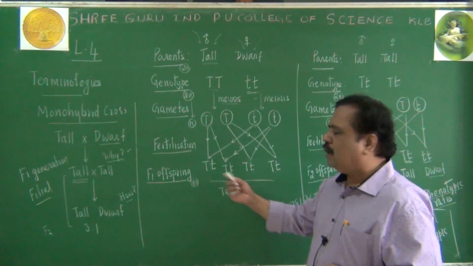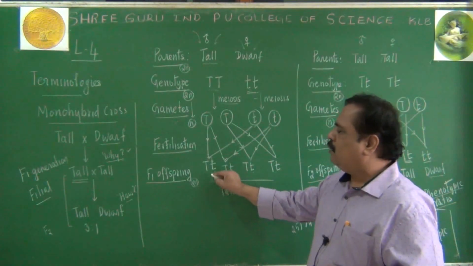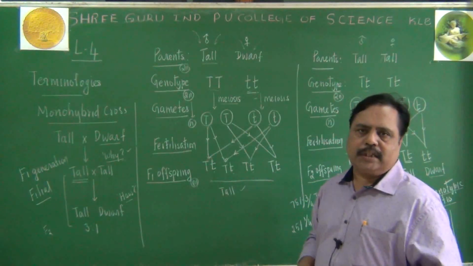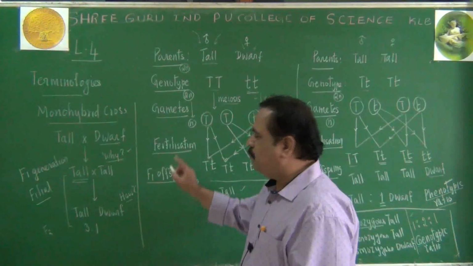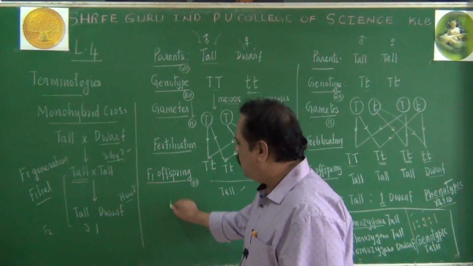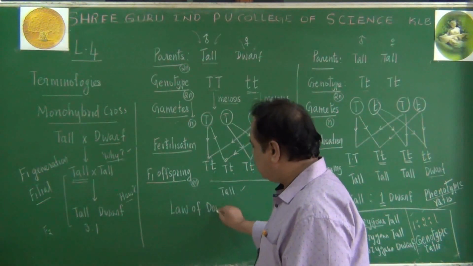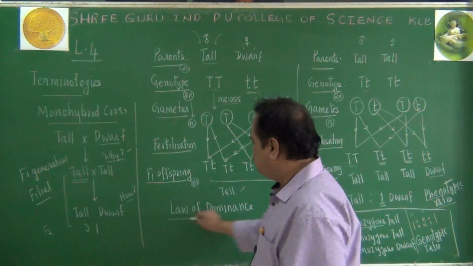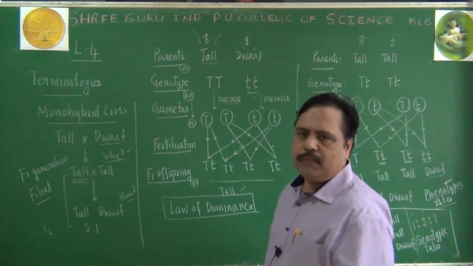Small t is not allowed to express, or it is not able to express. So only capital T is expressing here. That condition is explained by Mendel with the help of the law of dominance. Remember this, in monohybrid cross, first generation offspring will show you, will explain the law of dominance.